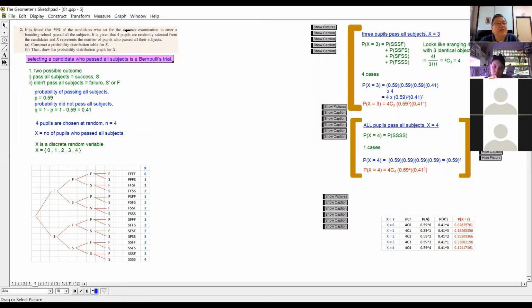59% of the candidates who sat for the entrance exam pass all the subjects. 4 pupils are randomly selected from the candidates. Now, before I read these 4 pupils, I read this one: candidates who sat for the entrance exam pass all the subjects. Okay. So there is actually a Bernoulli's trial here.